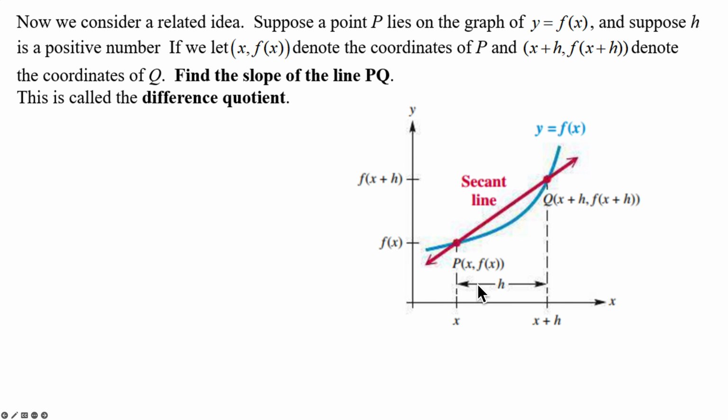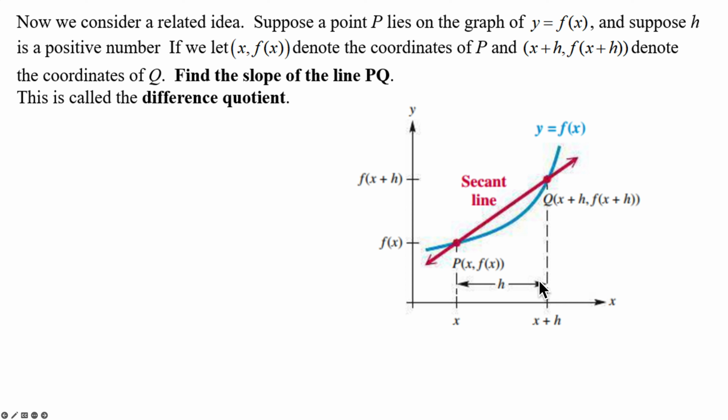Then you add h to the x. Here's the second x coordinate, Q, and the x coordinate is x plus h, and f of x plus h is my y coordinate. And this secant line, finding the slope here, is going to be, again, your average rate of change or your slope, but we're going to turn it into an expression, which is our difference quotient.